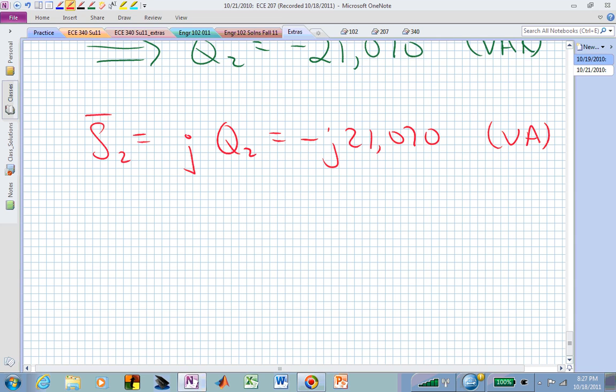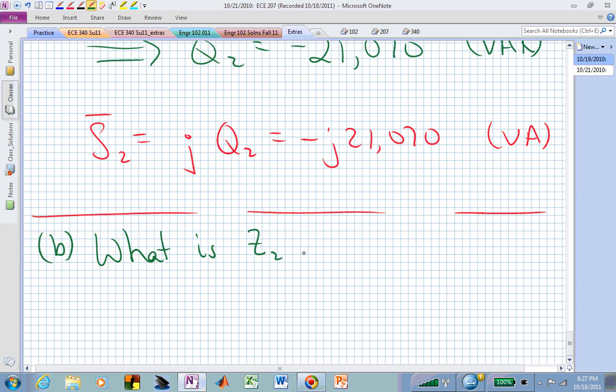If somebody just said find S sub 2 to achieve a power factor total of 0.95 lagging, that would be the answer. That's now what we were saying was part A. Part B was saying, okay, if we know that that's the complex power of load 2, what is the actual impedance of load 2, or what is Z sub 2?